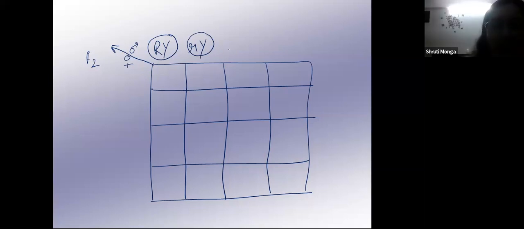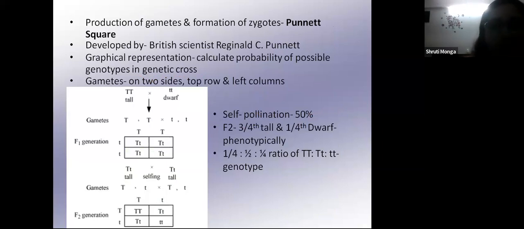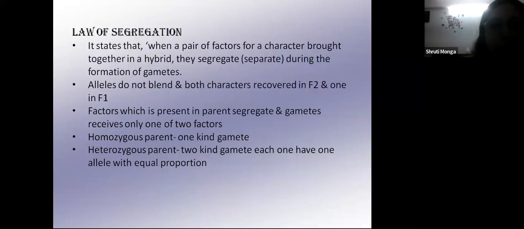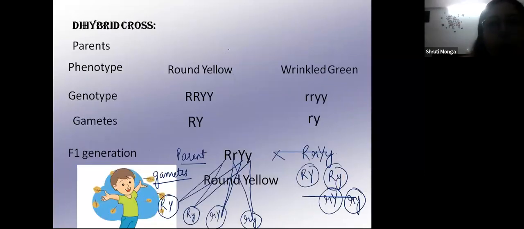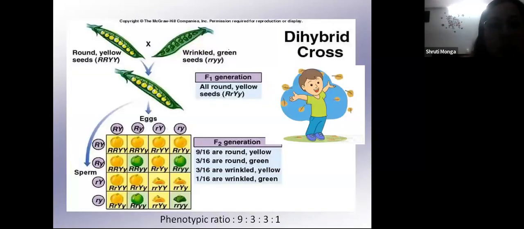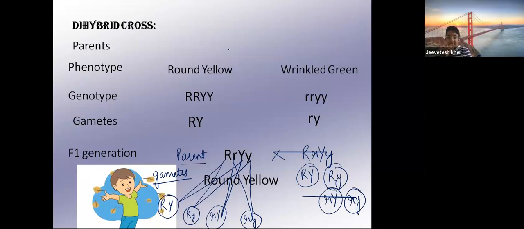It doesn't make any difference, but we should go with Mendel's work the way he did it. These are the gametes, right? Yes.